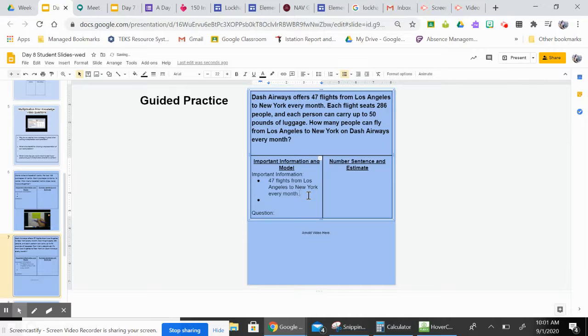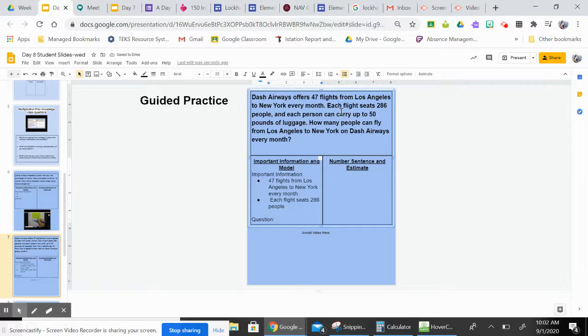Make sure I have my period. And then the next piece of important information, each flight seats 286 people. That is important as well. I need to know how many people can fit on each flight, on every single plane ride.